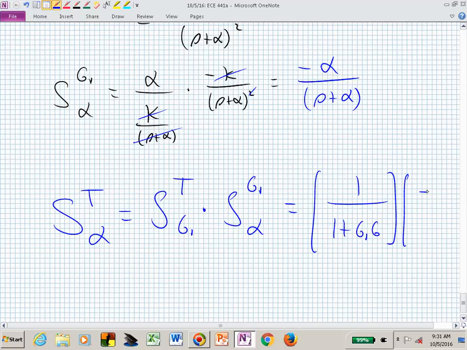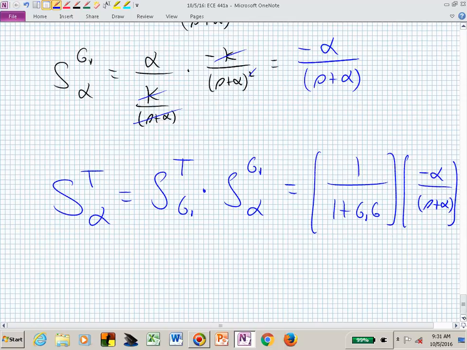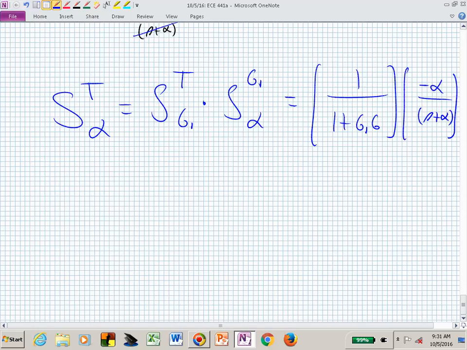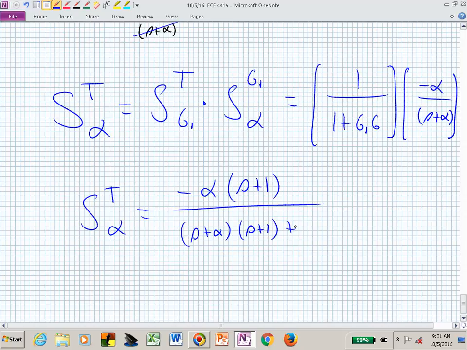The last one was minus alpha over s plus alpha. And if you go through the multiplication, you will find, pushing that s plus alpha factor through the denominator in the first term, we end up with minus alpha, and s plus 1 pops up, and we have s plus alpha, s plus 1 plus k.